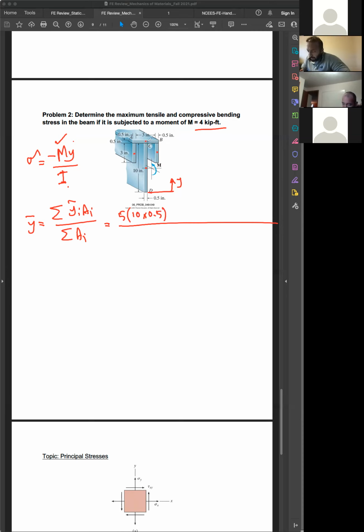Okay, then let's look at this top one. The total length, if you think about it, is 3 plus half plus half. Or let's just find the centroid first. The location of the centroid is here, right? So does it make sense if I say its centroid would be 10 plus half a half, right?